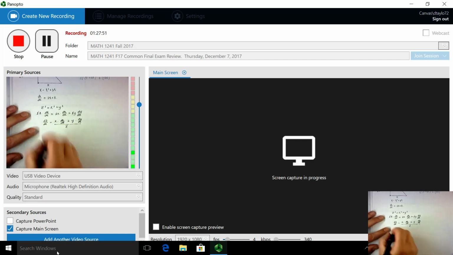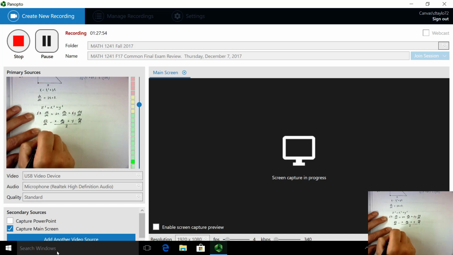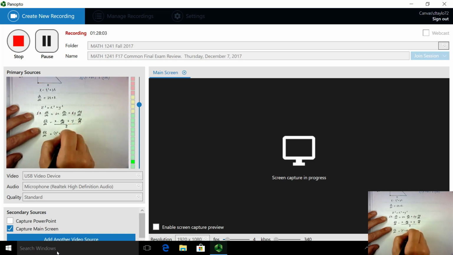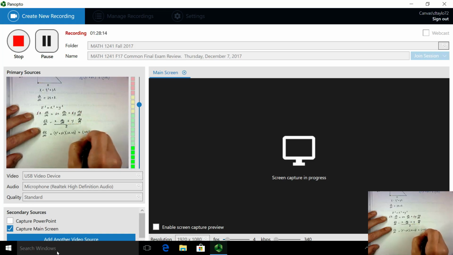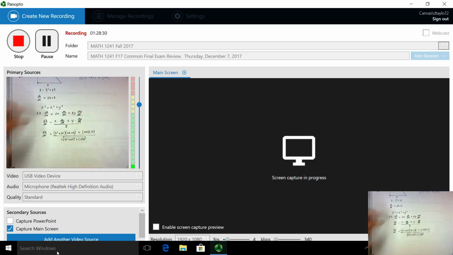So as a function of t, dz/dt will be equal to, remember, x is equal to t squared plus 3t, dx/dt is equal to 2t plus 3, plus y is equal to 12t and dy/dt is equal to 12, divided by z, which is the square root of t squared plus 3t quantity squared plus 12t quantity squared.